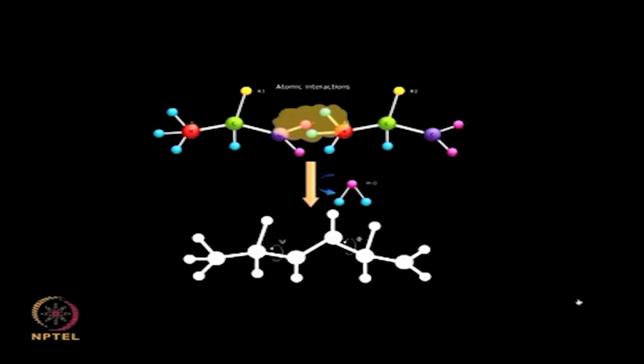Two amino acids join together by means of such a condensation reaction with the loss of water molecule and form a dipeptide. Many such amino acids link together and form polypeptide.